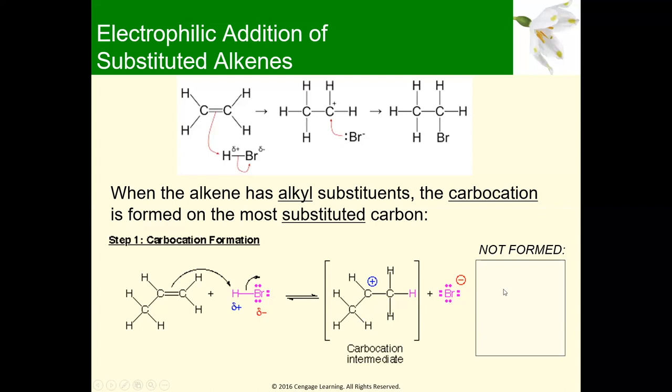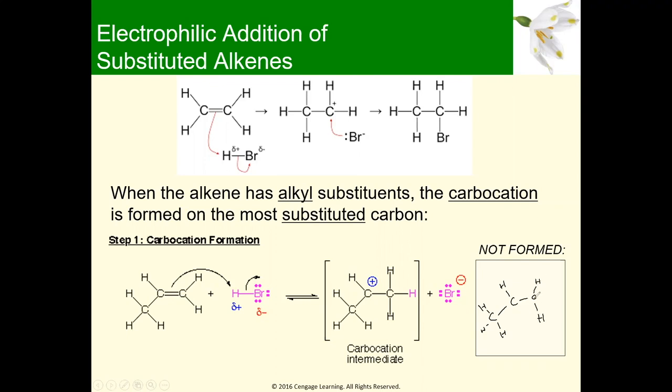But before we move on to that, just to make it more clear, let me show you what's not formed. Let me change colors here. What's not formed is this carbon with the 3 hydrogens. This carbon had 1 hydrogen on it, so I'm going to draw that. And then this carbon had 2 hydrogens over here. Boy, my penmanship is really bad.